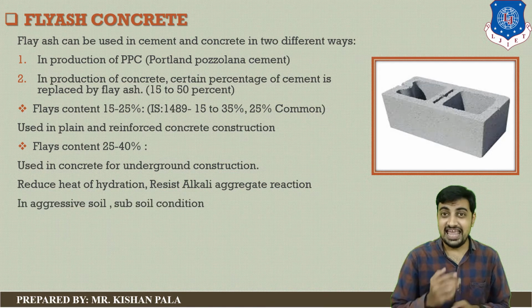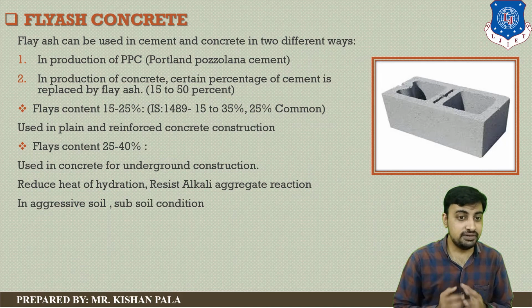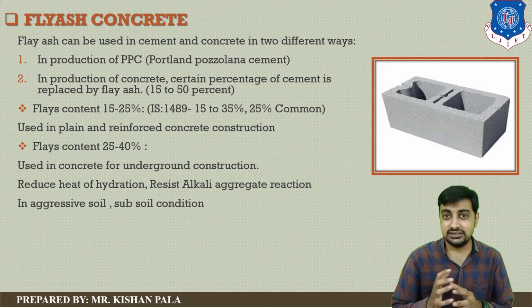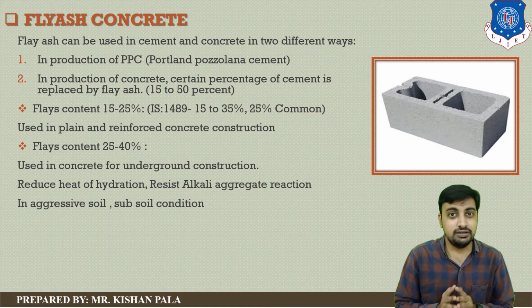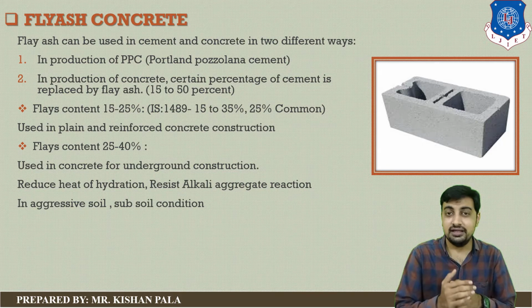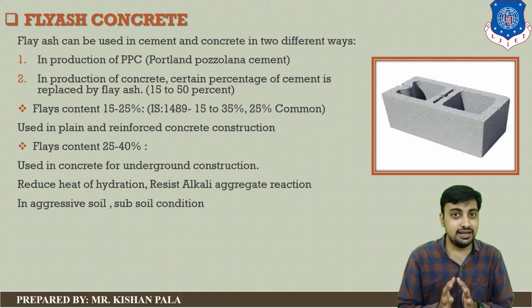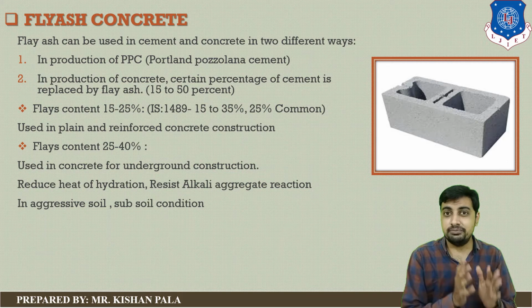In aggressive soil there is a possibility of reaction, so in that case you can use a high percentage of fly ash and eliminate all the problems related to aggressive soil.